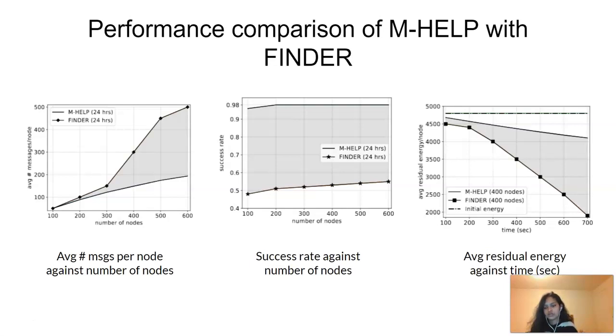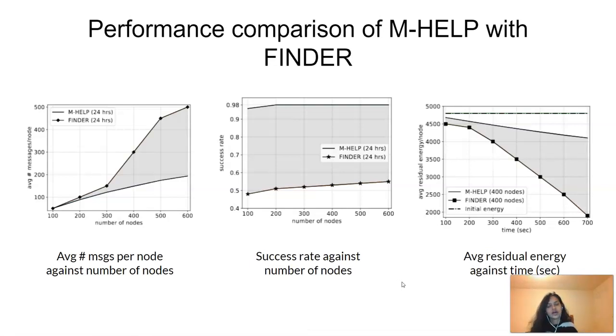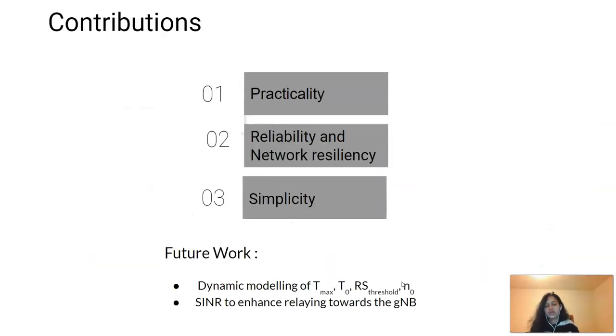So mHelp shows lesser network traffic compared to Finder, and when I take into account the success rate and the average residual energy, the success rate and the average residual energy of mHelp are higher than Finder. So from mHelp, the contributions are its practicality.